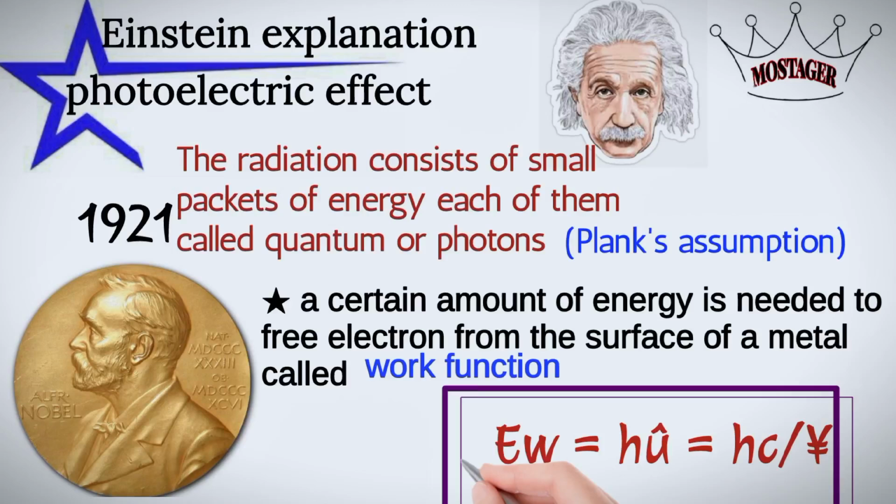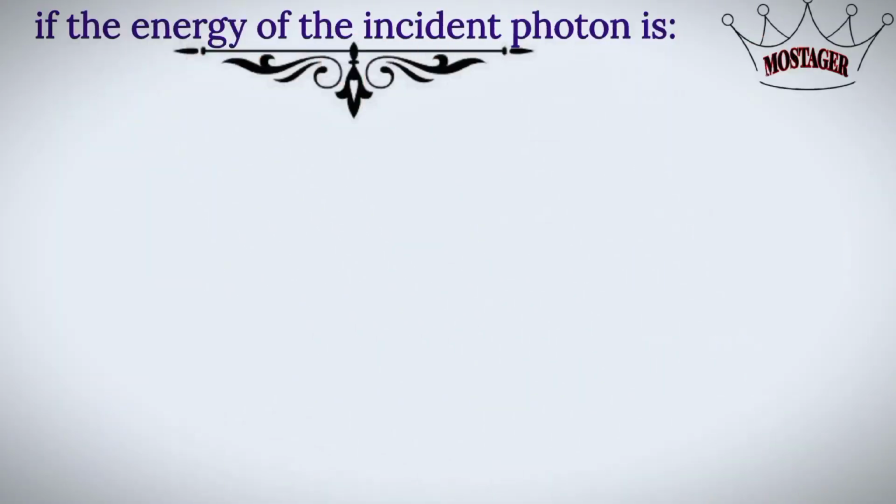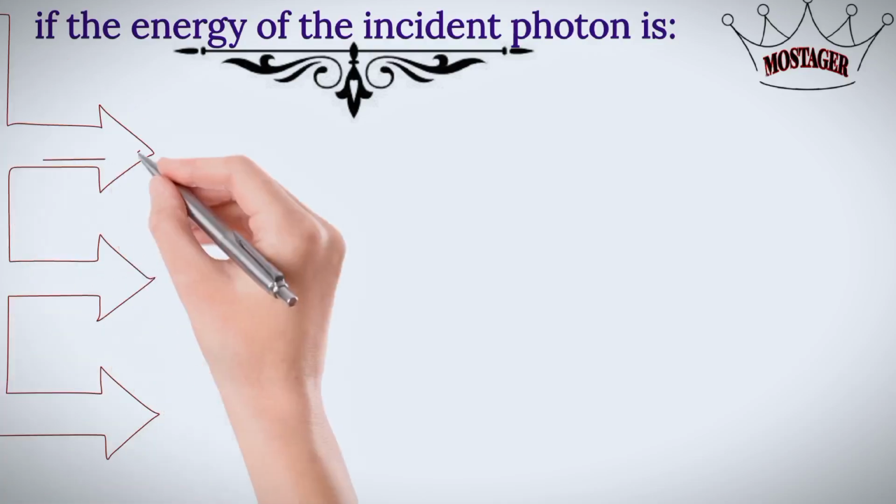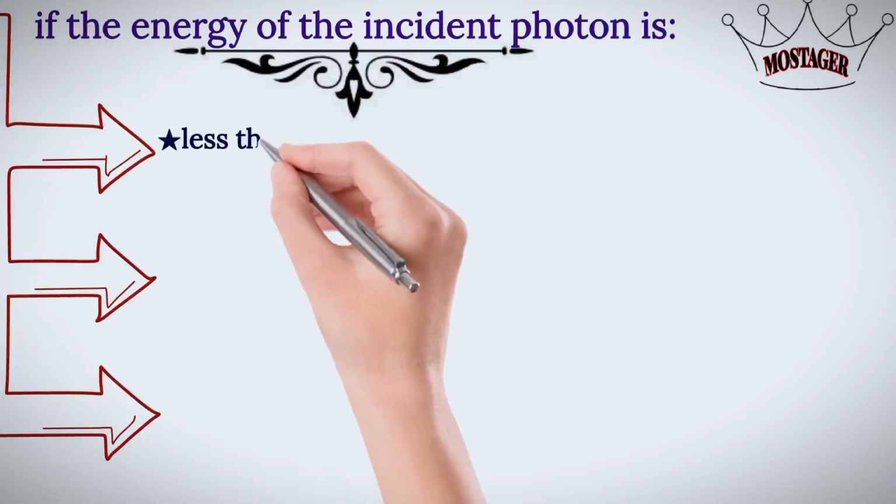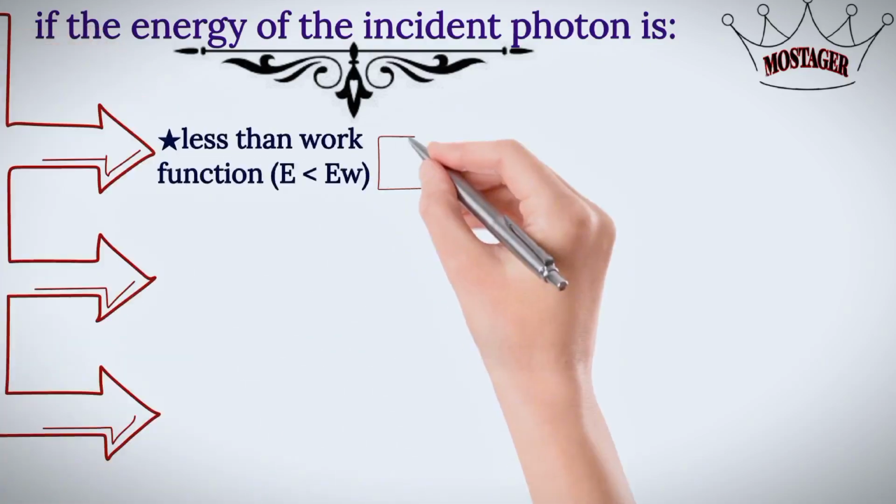Einstein said we have three states for the work function. First, when the energy of the photon is less than the work function of the surface.